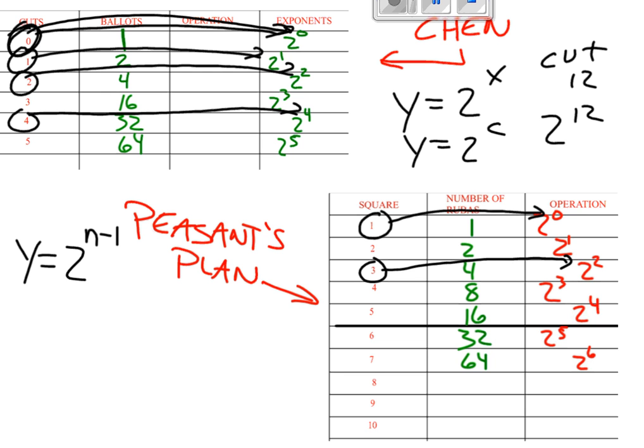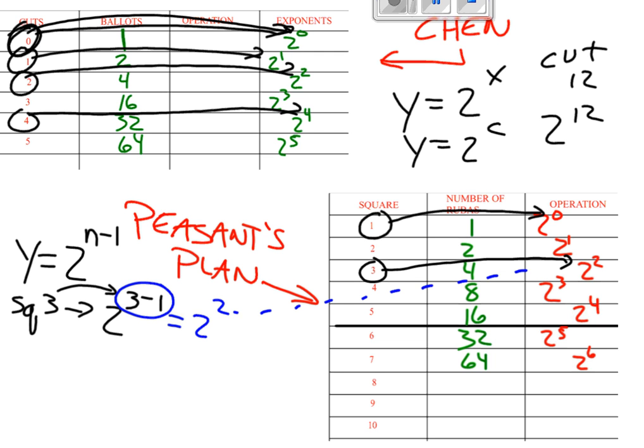If we're on square 3, that's 2 to the 3 minus 1 because we're on square 3. But 3 minus 1 is 2. Well, on square 3, notice we have 2 to the second power. Holy cow. Yeah, that's right. So on square 5, we have 2 to the 5 minus 1 because square 5, that's that number right here.